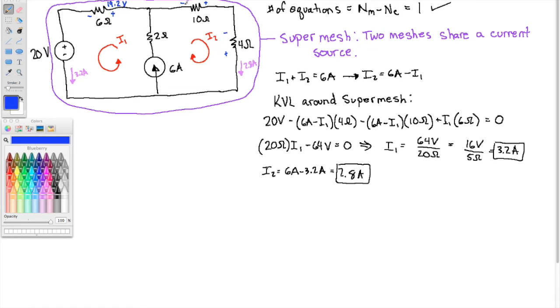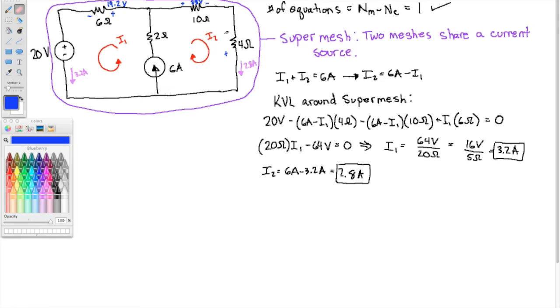Let's find the drop across this resistor here, the 10 ohms. I've got 2.8 amps going from left to right through the 10 ohms. So the drop is also from left to right. So I've got 10 ohms times 2.8 amps. That's 28 volts drop from left to right.